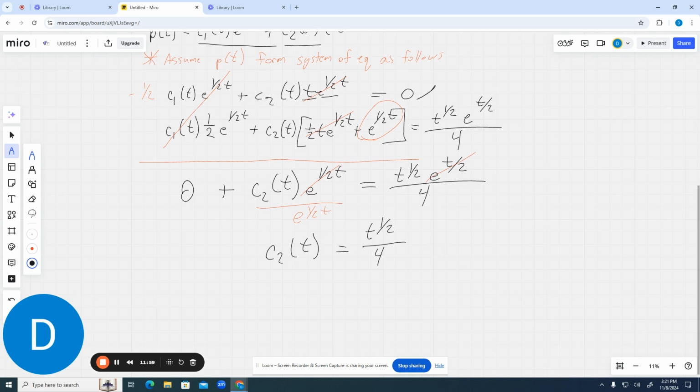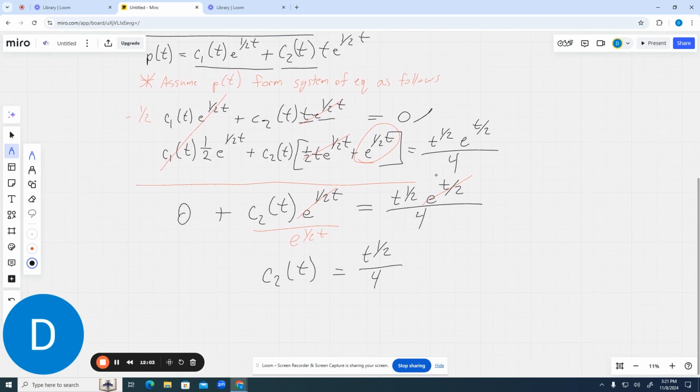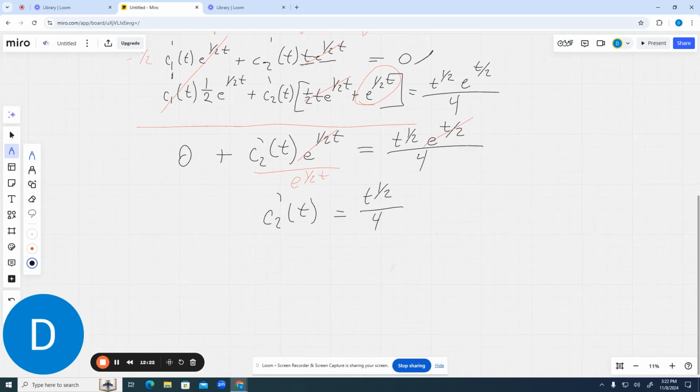I do want to mention, I forgot to say this, but all your C1s and C2s in your equations are primes, okay? Because for our last step, these are all C prime 2 of t, C prime 1 of t. That's not too important, just remember it, because the last step is we integrate it, okay? But you'll see that in a second.